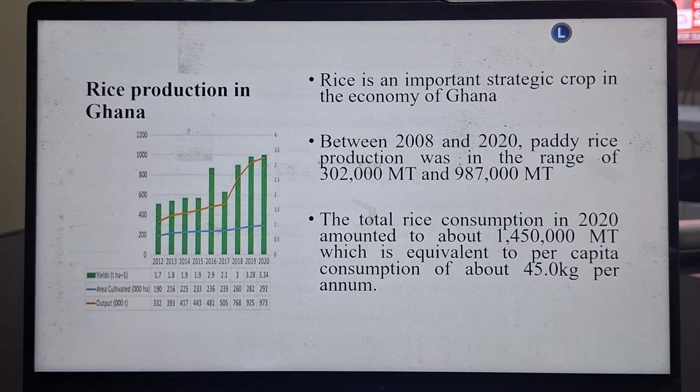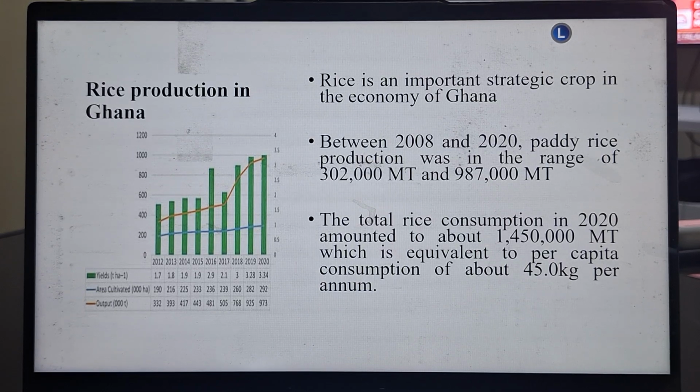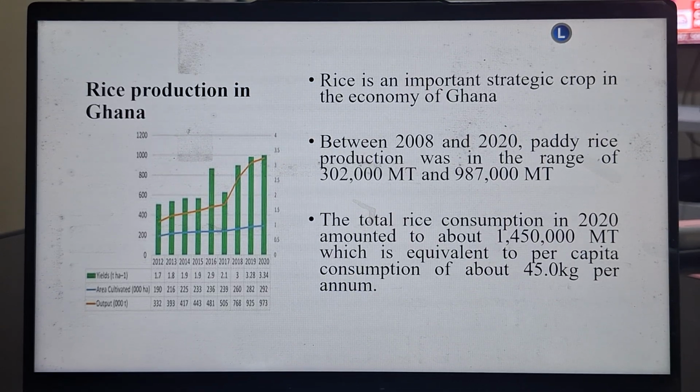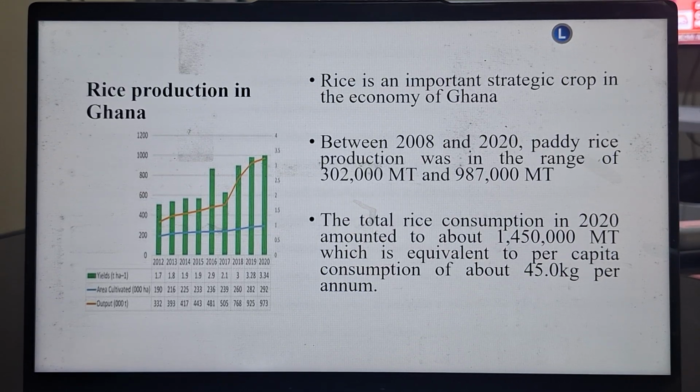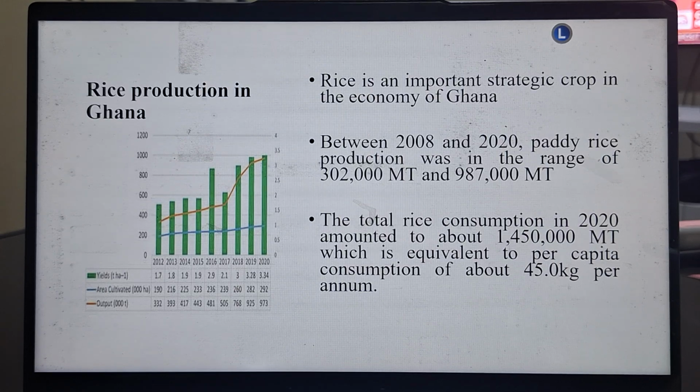Between 2008 and 2020, paddy rice production ranged from about 302,000 metric tons to 987,000 metric tons. This resulted in a total rice consumption in 2020 of about 1,450,000 metric tons, which is equivalent to a per capita consumption of about 45 kg per annum.